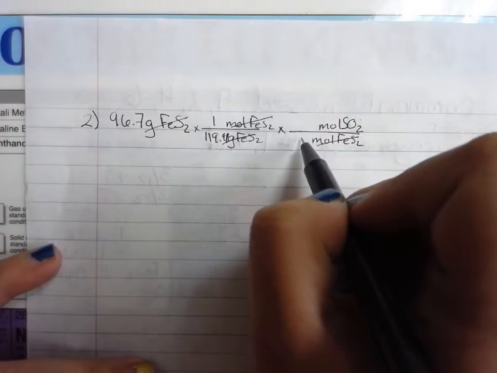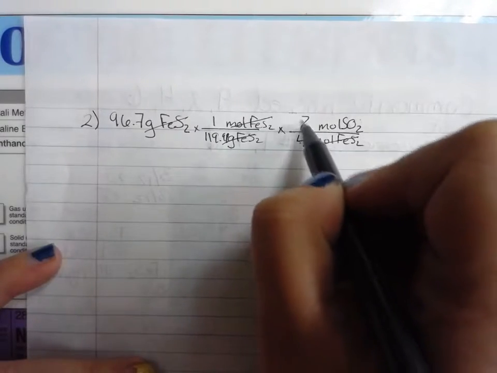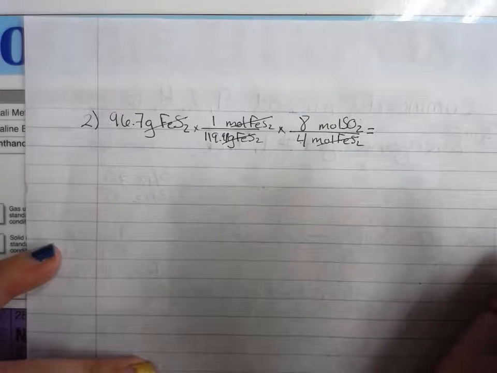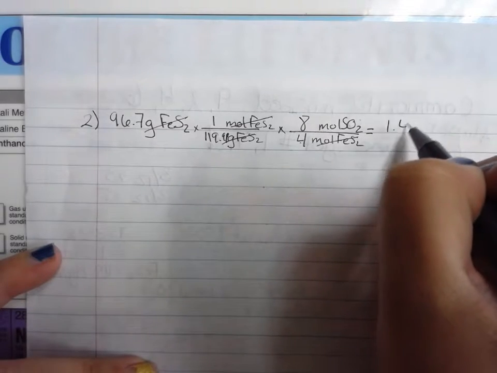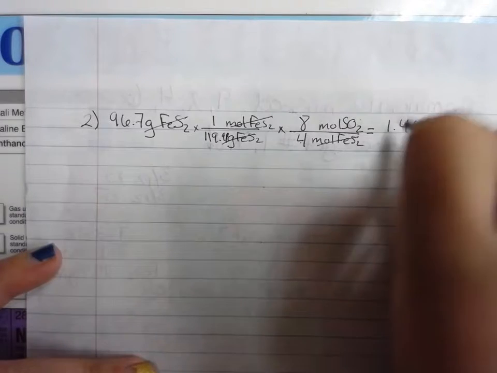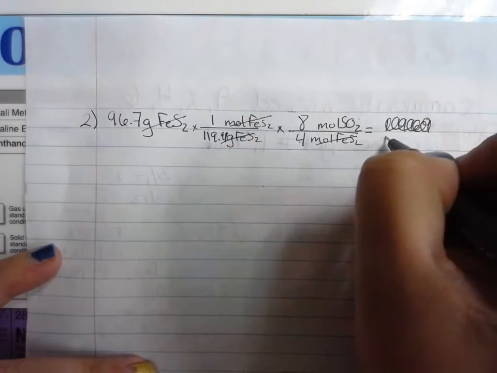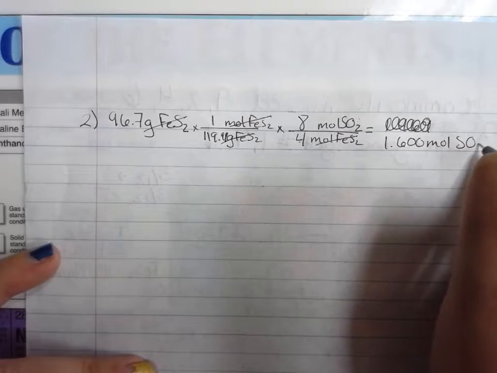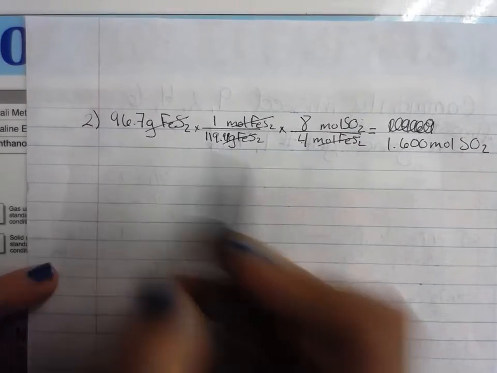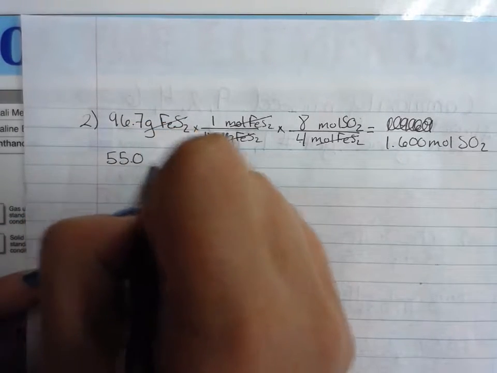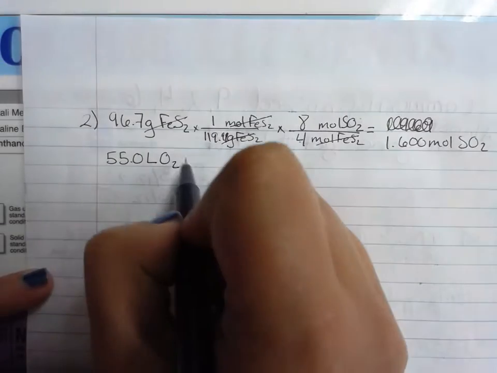From our equation we know there's 4 of these for every 8 of these. So once we plug that into our equation, we get 1.600 moles of SO2.